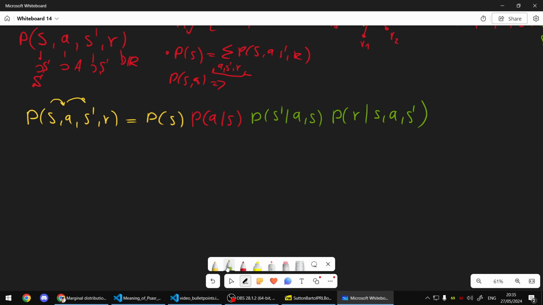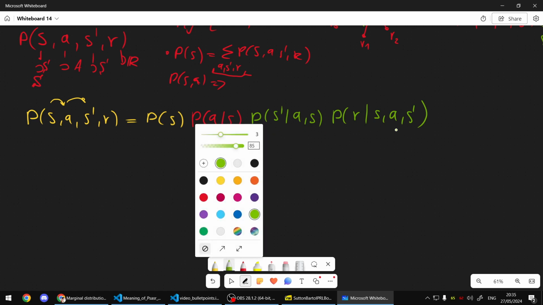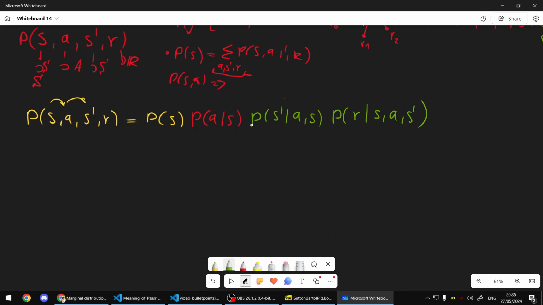But what you may notice is that the different terms describe different things, and they are controlled in a system by different entities. For example, the last term in the product, the probability of getting a reward given this, and the probability that you transition to S prime given this, are controlled by the environment.